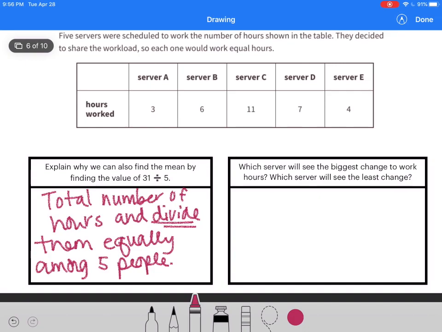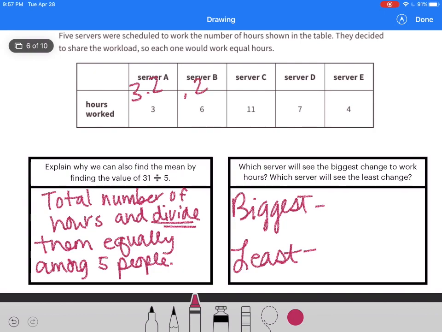Okay, so which server will see the biggest change to their work hours? Which server will see the least? So we're looking at the biggest and the least. So I know that my number is 6.2. So 6.2 minus 3 is going to be 3.2 hours. 11 minus 6.2, that one's kind of a little bit different because it's a decimal.